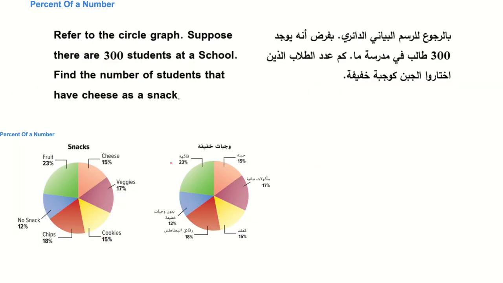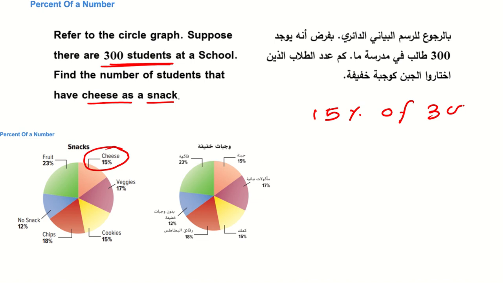Now, the next question can be: refer to the circle graph. Suppose there are 300 students total at a school. Find the number of students that have cheese as a snack. So, what you have to see here is that you have to focus only on cheese. So, it is 15% of 300, because they say 300 total students in the school.